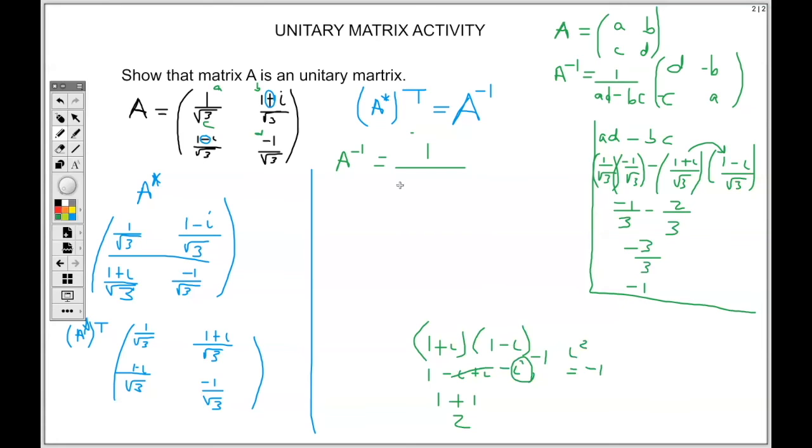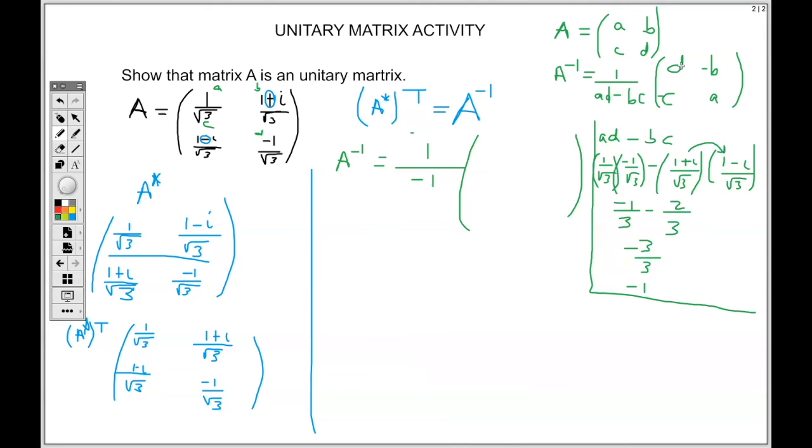So in other words, here I'll have minus 1, and the next part is where I will have the adjoint. The adjoint means I switch A and D, so I'll have negative 1 over root 3.